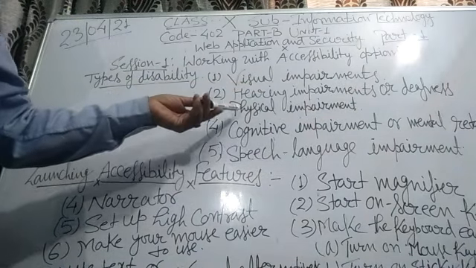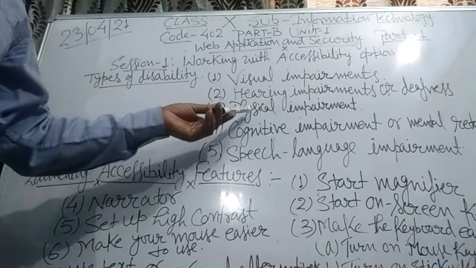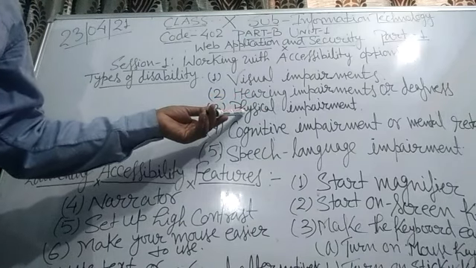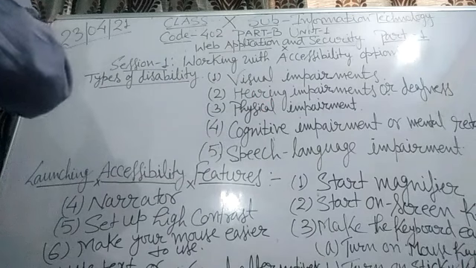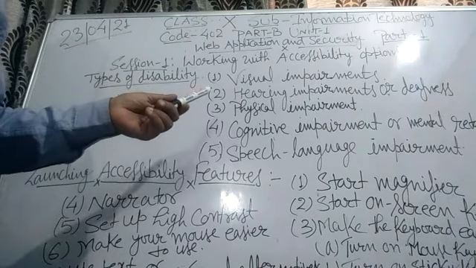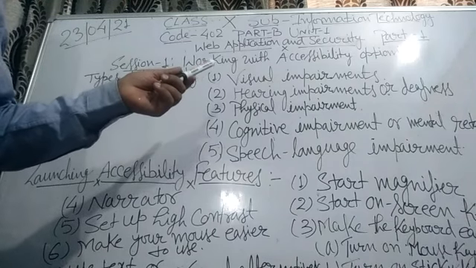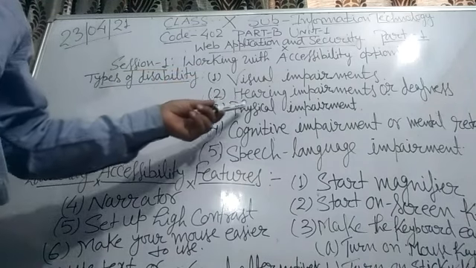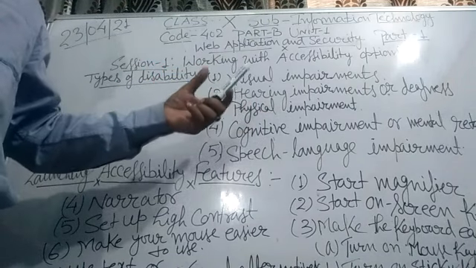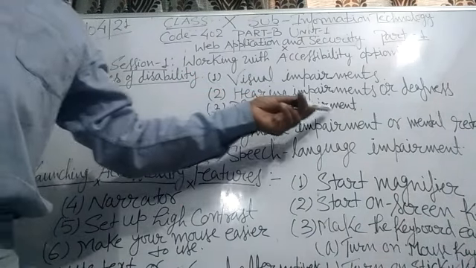Third is physical impairments, which affect the ability to move or to coordinate and control movement when performing tasks. A physical impairment may also affect the ability to use or feel certain parts of the body. It means if any physical part is not working properly, that comes under physical impairment.